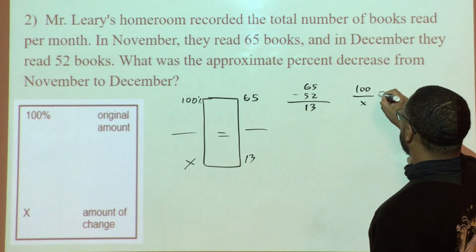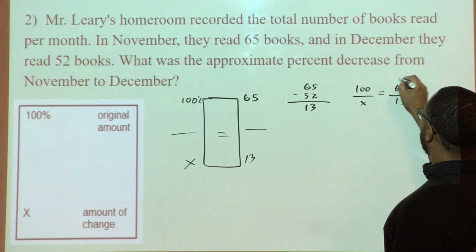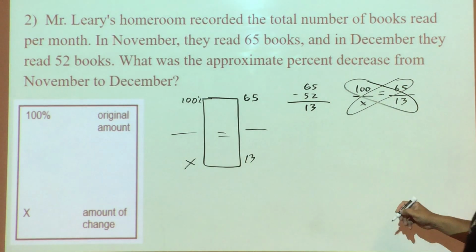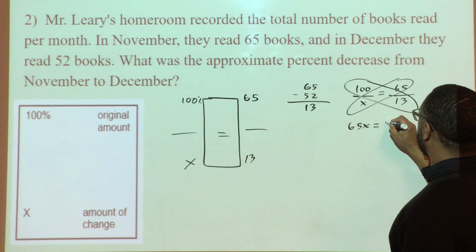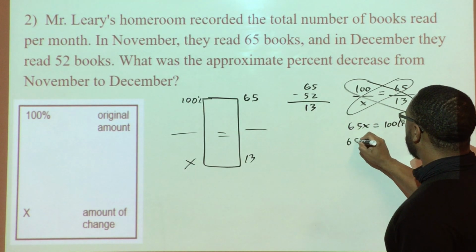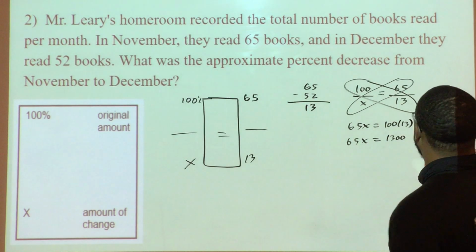100 over x is equal to 65 over 13. And now I'm just gonna do everything I've been doing. 65 times x, 65x. 100 times 13, that's just gonna be 1300.